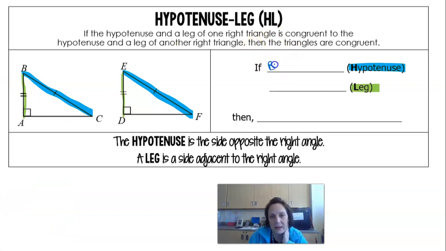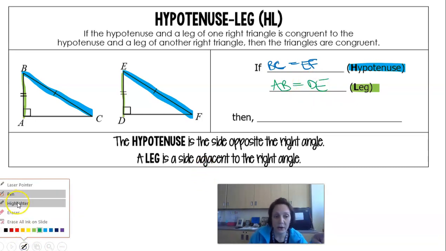So I could say that since BC matches EF, and that's my hypotenuse, and then for my leg, AB matches DE. That's all I need. I don't need a third congruency.